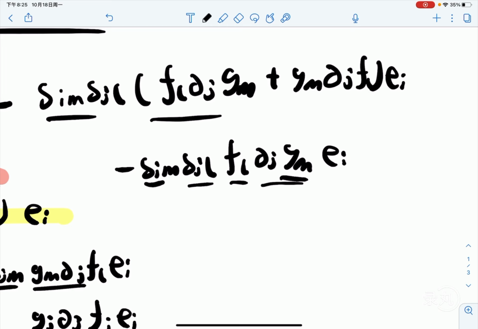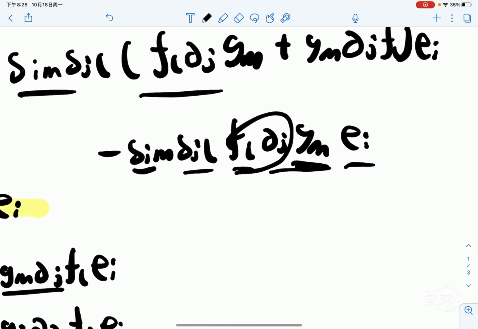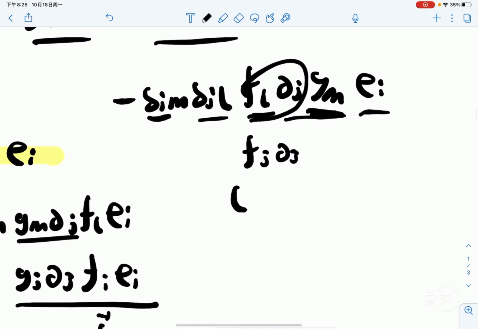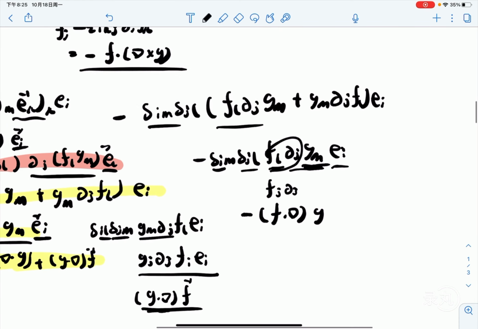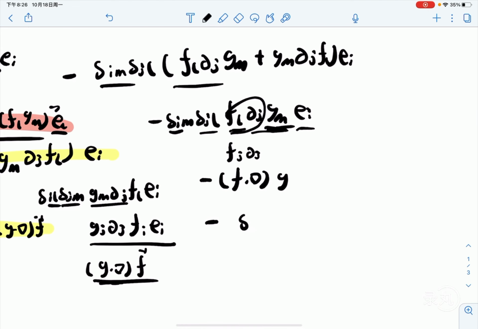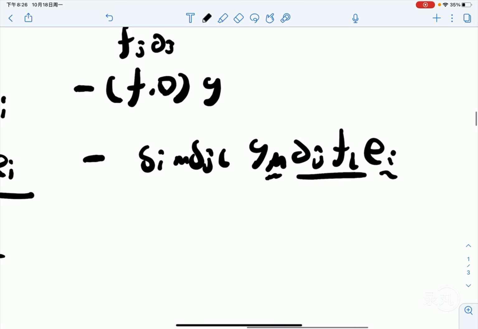So by the same meaning, it is equal to F_J because I is equal to M. So it's basically minus. And the second term is minus δ_IM δ_JL G_M ∂_J F_L e_I, which requires that they're equal to each other, and the terms are equal to each other.